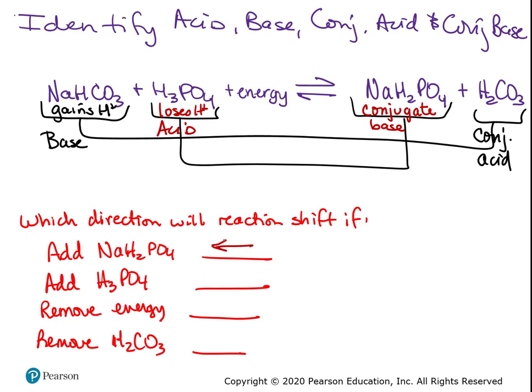Because whatever I add, the reaction shifts away. So I'm adding product, and that is going to cause the reaction to shift away from the product side, which would mean towards the reactant side. What if I add H3PO4?